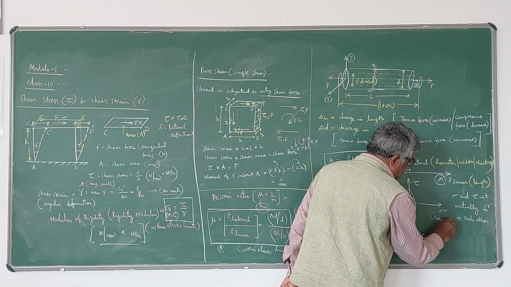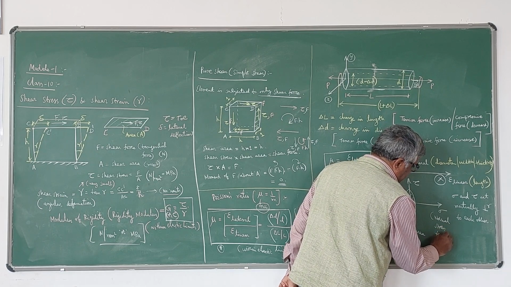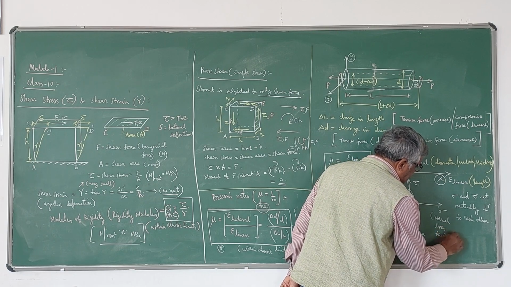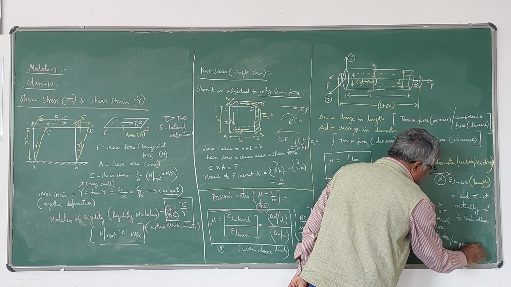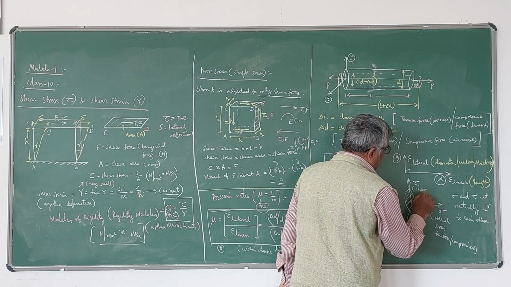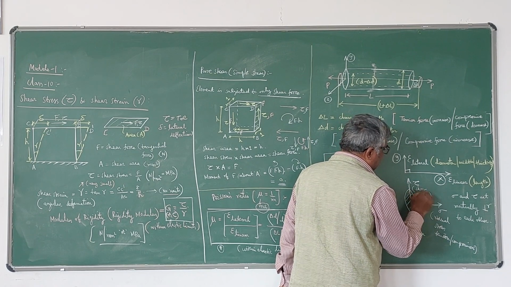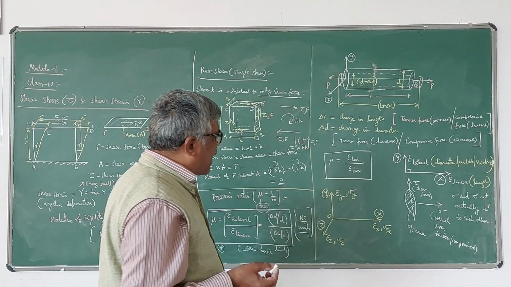This normal stress is either tension or compression, whereas at right angles to it is the shear stress, which is nothing but tau. Depending on the sign convention, you can take it as positive or negative. Let me discuss that later.